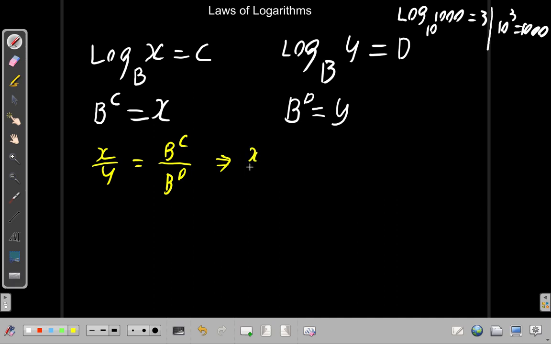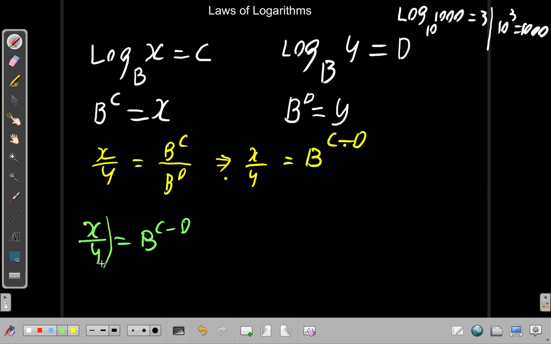Well, it's saying x over y is equal to b to the power of c minus d. So you see that? It is c minus d. Let's write it again here: x divided by y is equal to b raised to the power of c minus d.